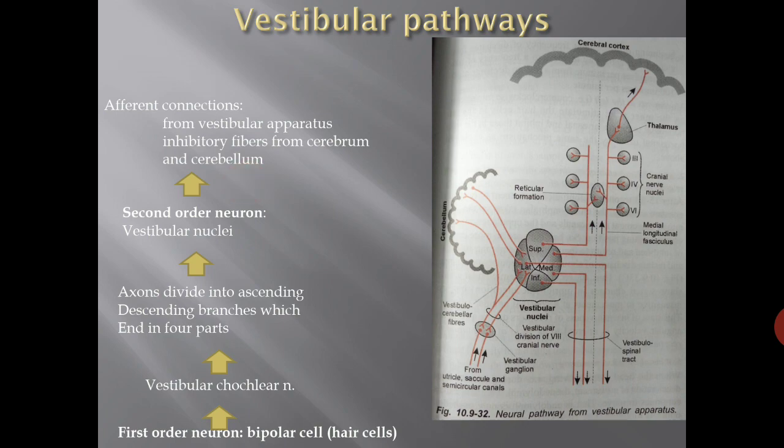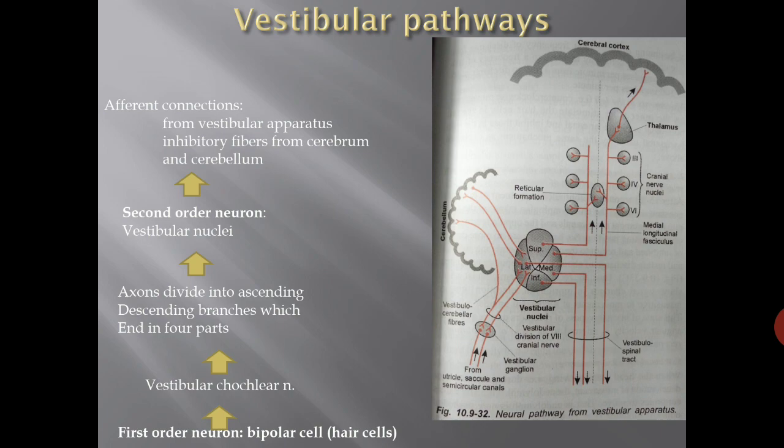And there are also efferent connections, which we will discuss in detail in the next lecture. These include the vestibulospinal tract, vestibuloocular tract, vestibulocerebellar fibers, vestibuloreticulospinal tract, vestibulorubrospinal tract, and vestibulothalamocortical fibers. But we will discuss these in the next lecture.